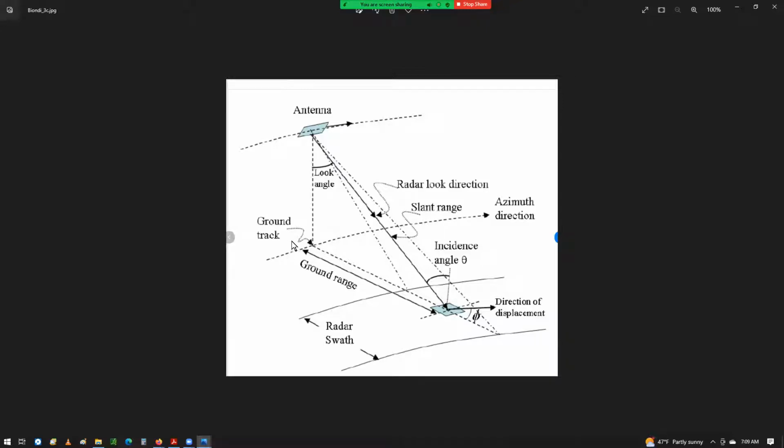So it's a two-dimensional data acquisition. You're sending pulses down to the target, and then you get an echo back while the satellite is moving. And depending on what that echo looks like at all these different times, you get resolution in terms of this point that you're studying.